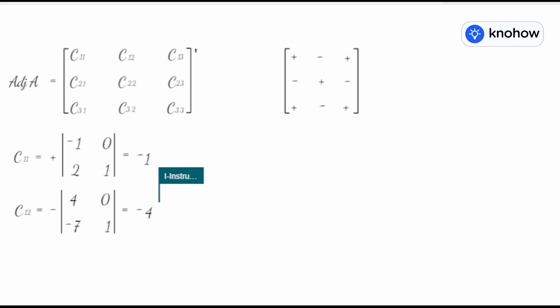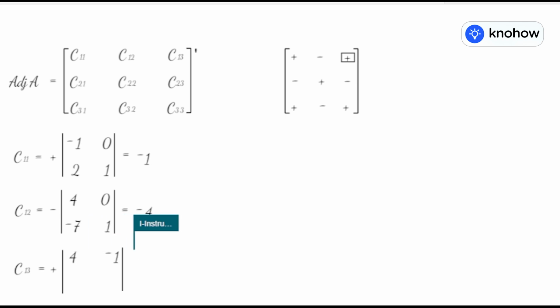Similarly, you can work out C13. This was C12 negative, and C13 will be with plus sign. Delete the row and column through the 1, 3 element, you get 4, minus 1, and minus 7, 2.